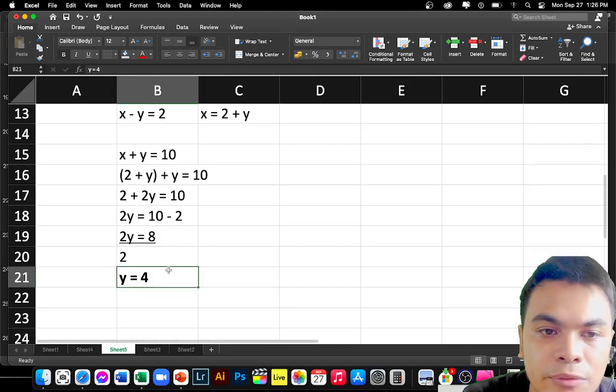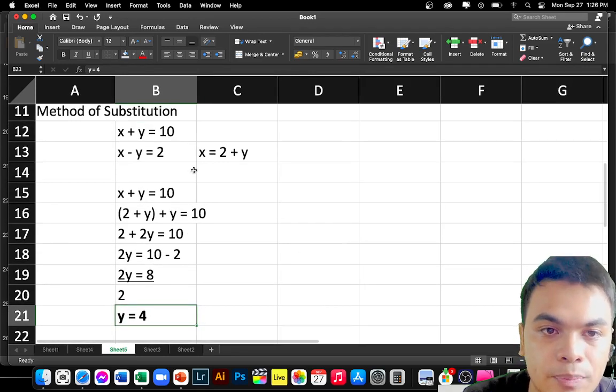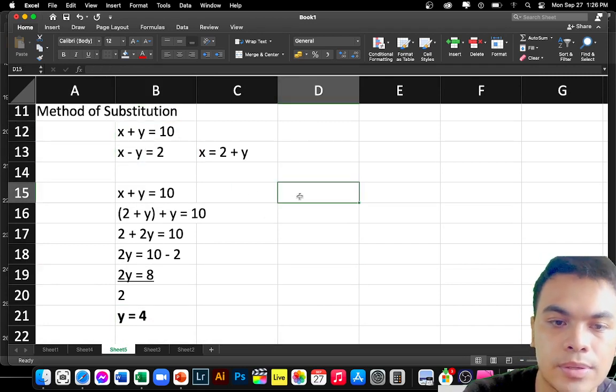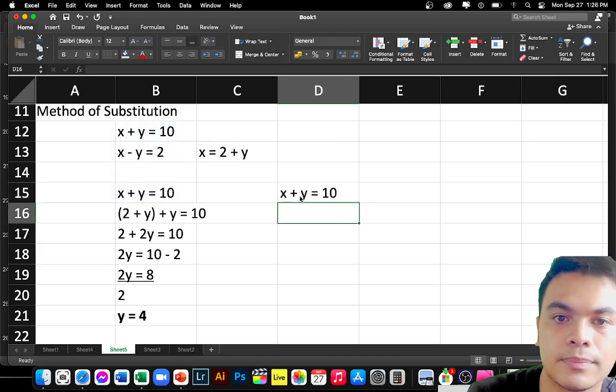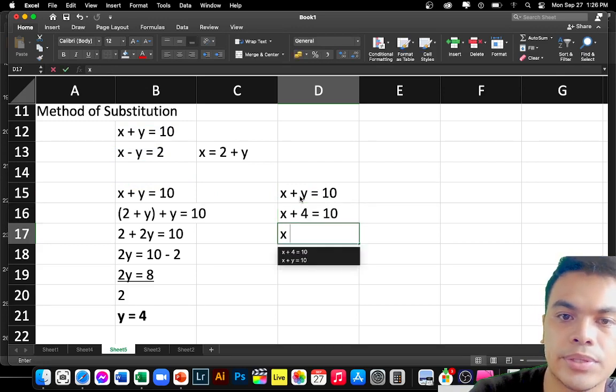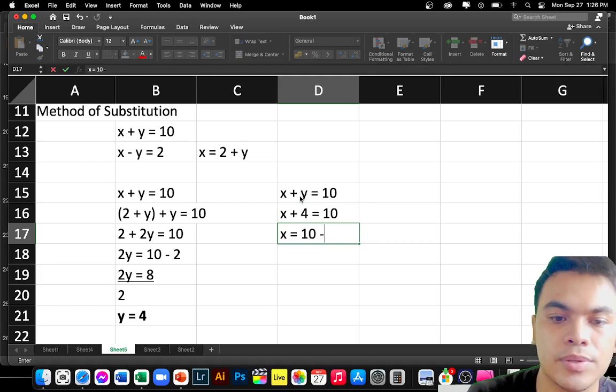Since we have the value for the variable y, we can now compute for the x using either this equation or this equation. Gamitin natin yung first. So we now have x plus 4 is equal to 10. X is equal to 10 minus 4.